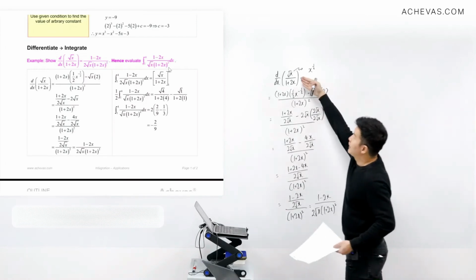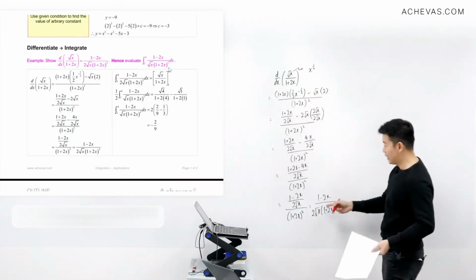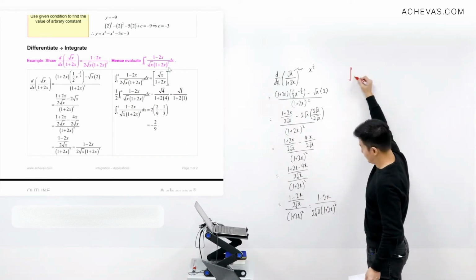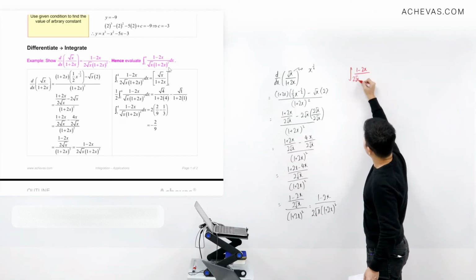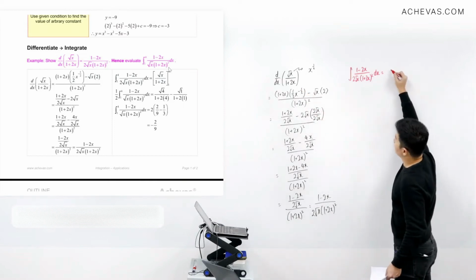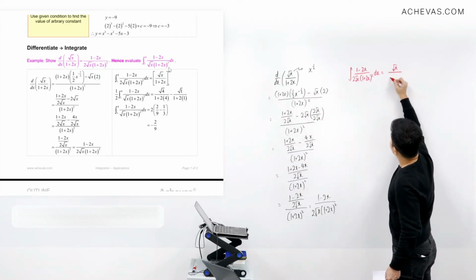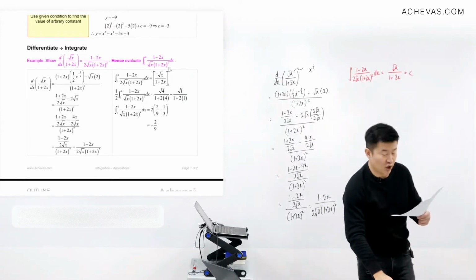Since when I differentiate this, I'm getting this, which means if I were to integrate (1 minus 2x) over 2 square root of x times (1 plus 2x) squared, we should get back square root of x over (1 plus 2x) plus c.